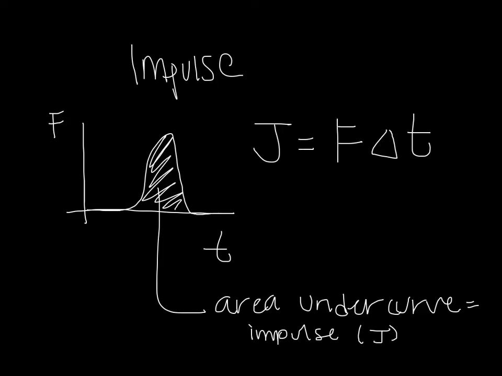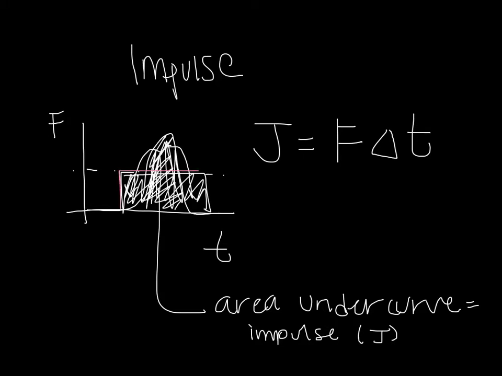So if we're trying to find the impulse or the area under a curve, a lot of times we'll talk about the average. So we'll kind of split our curve in half and bring these two edges down so that it ends up making a nice rectangle.